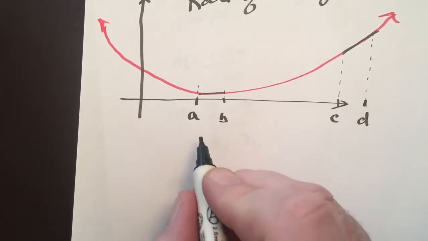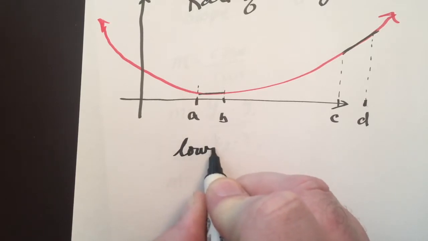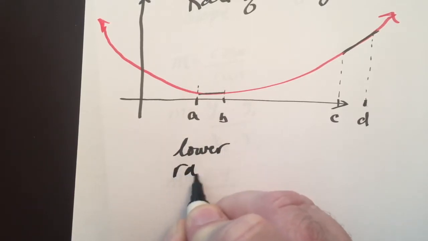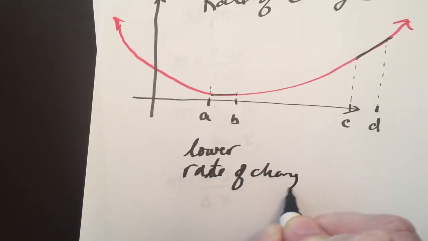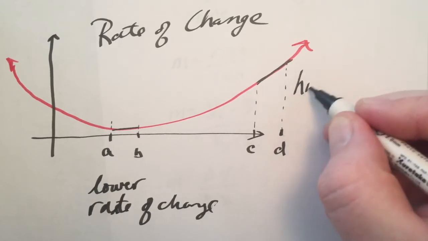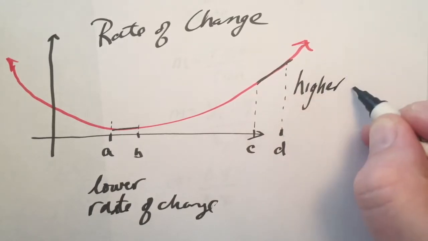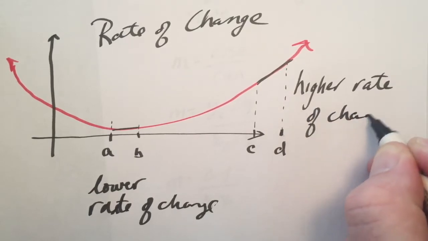With that being said, we could say over here between A and B, we have a lower rate of change. And over here between C and D, we have a higher rate of change.